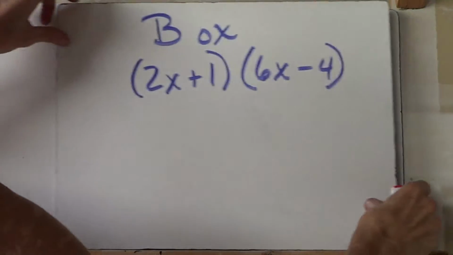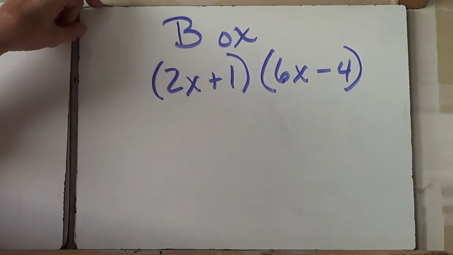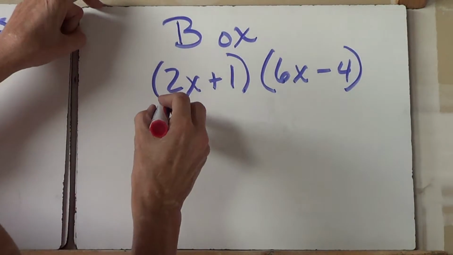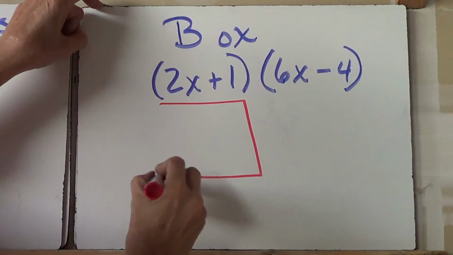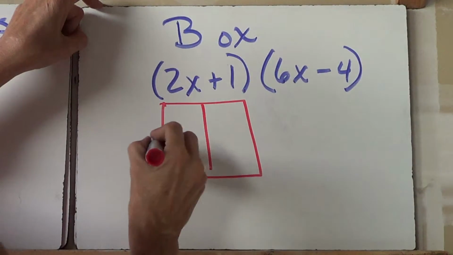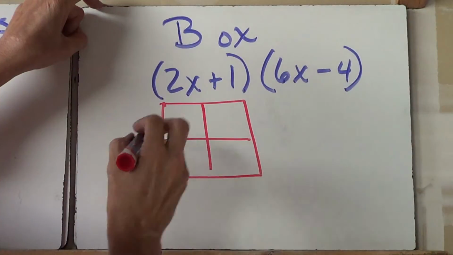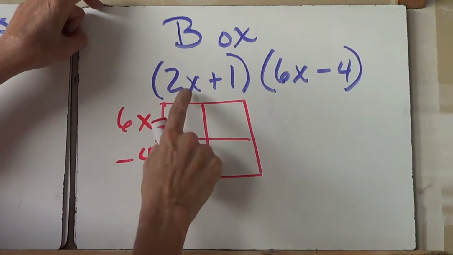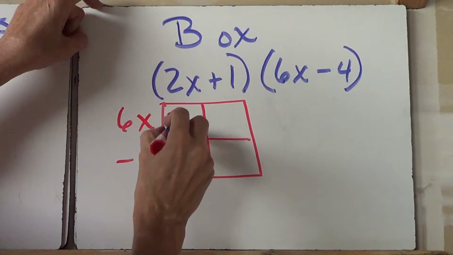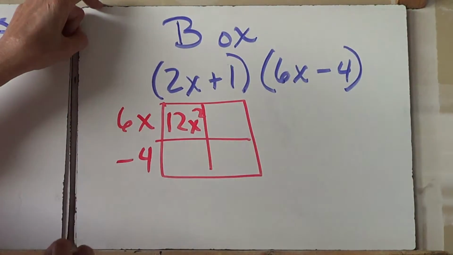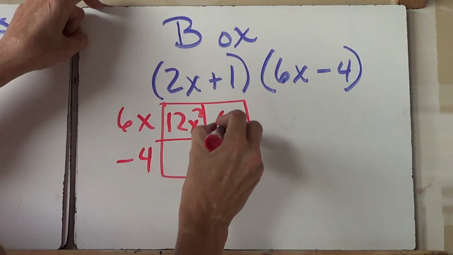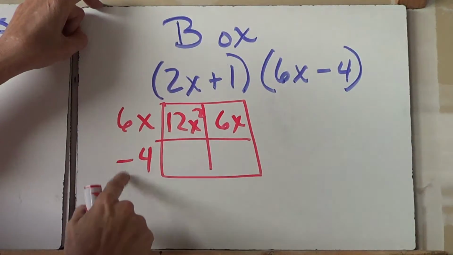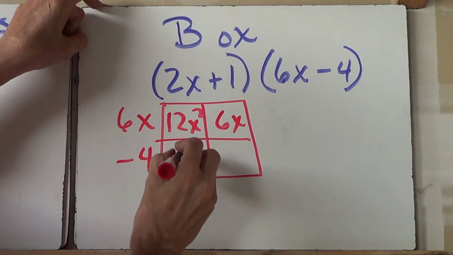Next one is a very popular way that I've seen students do it. You build a box. Under this one, you can just go ahead and draw your 2 by 2 box. And then you write this one in the front of the box. 6x times 2x, put the answer right there, 12x squared. 6x times 1 is 6x. 2x times negative 4 is negative 8x.